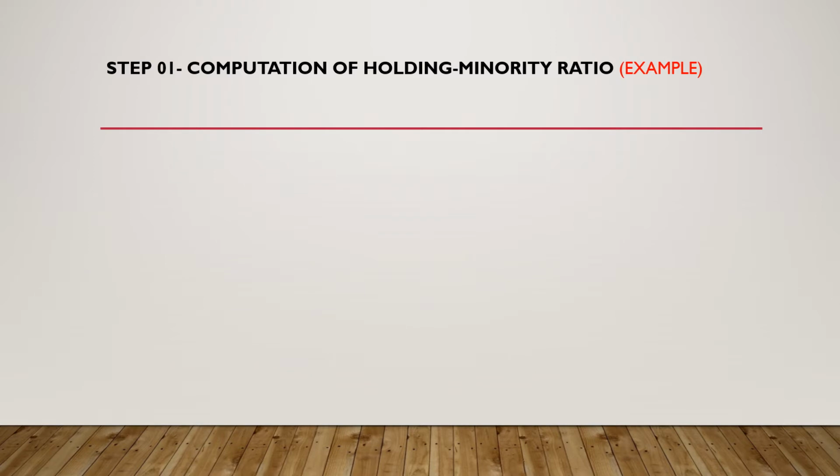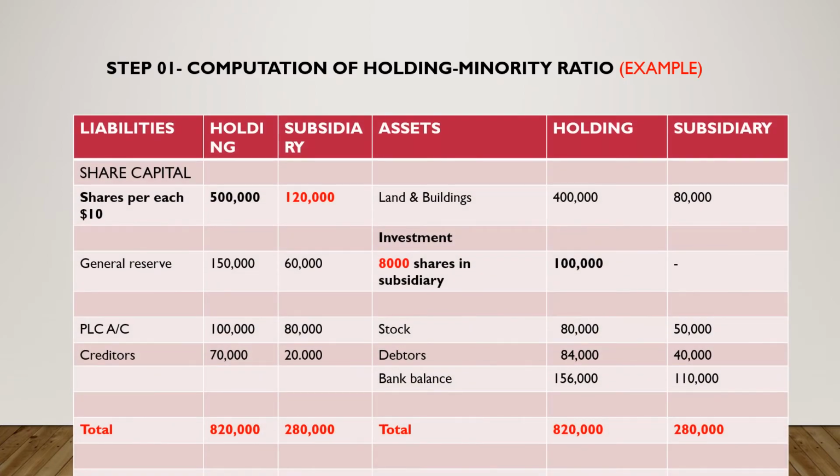Let me explain how to find out the holding and minority ratio with this example. Look at this balance sheet. Here there are two companies, holding and subsidiary. On the liability side, the left side, and the asset side on the right side, we have the holding and subsidiary companies.